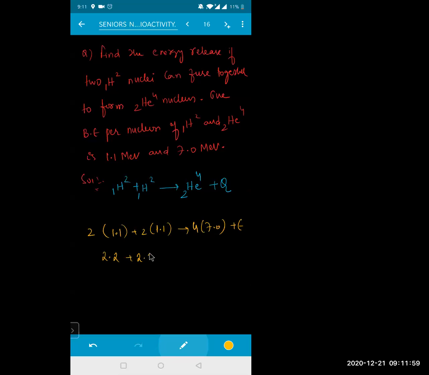This one is 2.2 plus 2.2, which is 4.4. And that is 28 plus a certain amount of energy. So E will be equal to 28 minus 4.4, approximately 23.6 MeV. So this much amount of energy is being released.